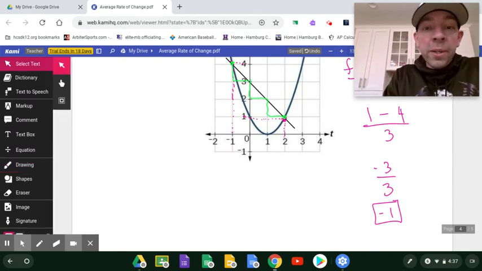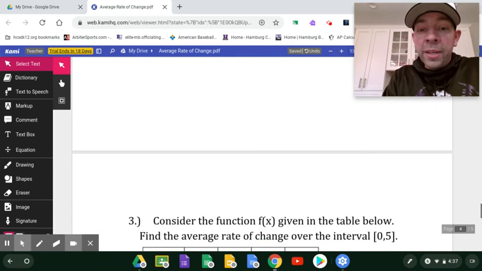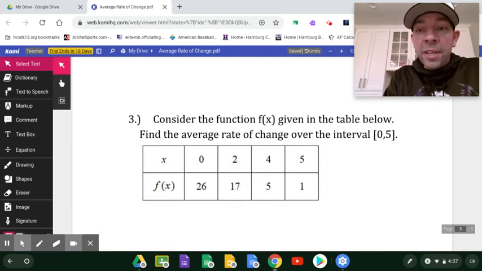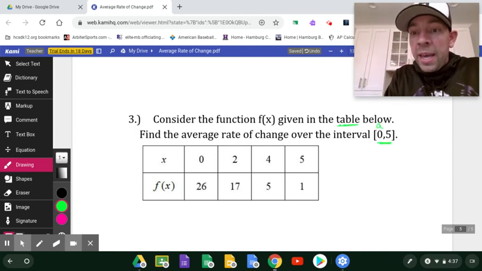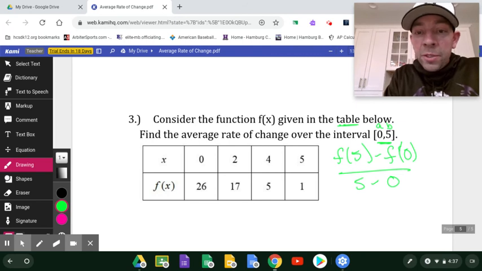All right, we've got one last approach we want to look at, and that's if the function is presented in the form of a table. All right, so here's my interval. Here's my a and my b. So now I'm thinking, what's f of 5 minus f of 0 over 5 minus 0? So in this case, how you read the table is you're saying, okay, when x equals 5, the corresponding y value is 1.